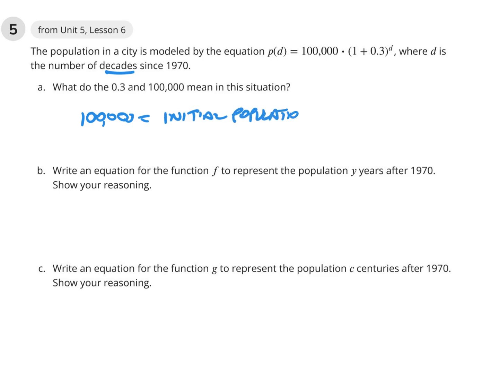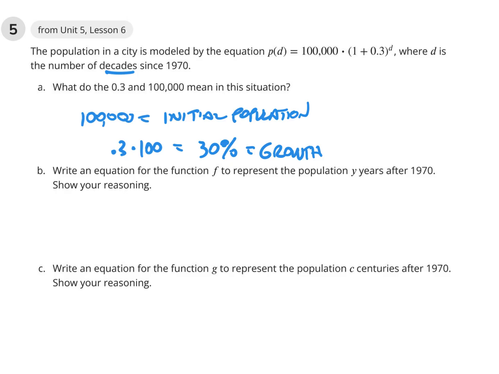And then 0.03, remember, we cannot put percentages into these types of exponentials, so we multiply it by 100 to get 3%. And this is the growth. It's 3% on top of our original amount, which we add to 1 because 100% equals 100,000, and we add to make it grow.